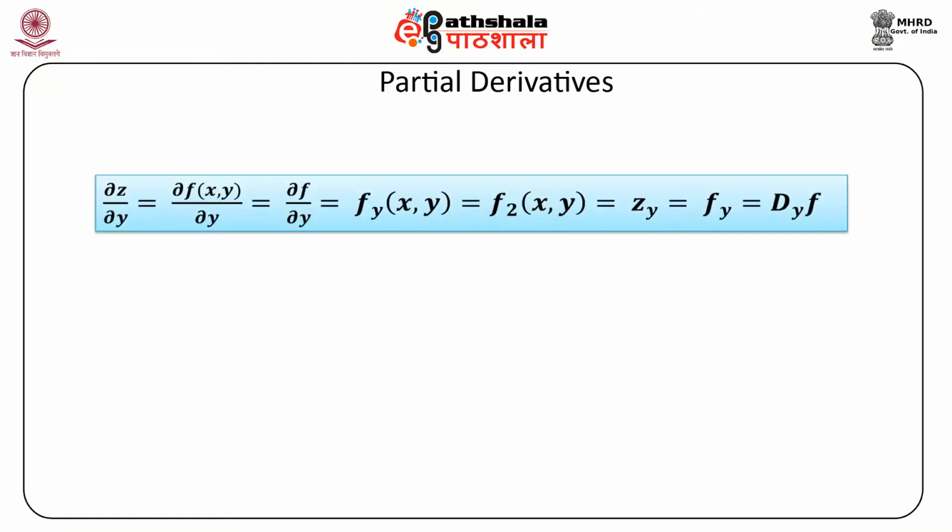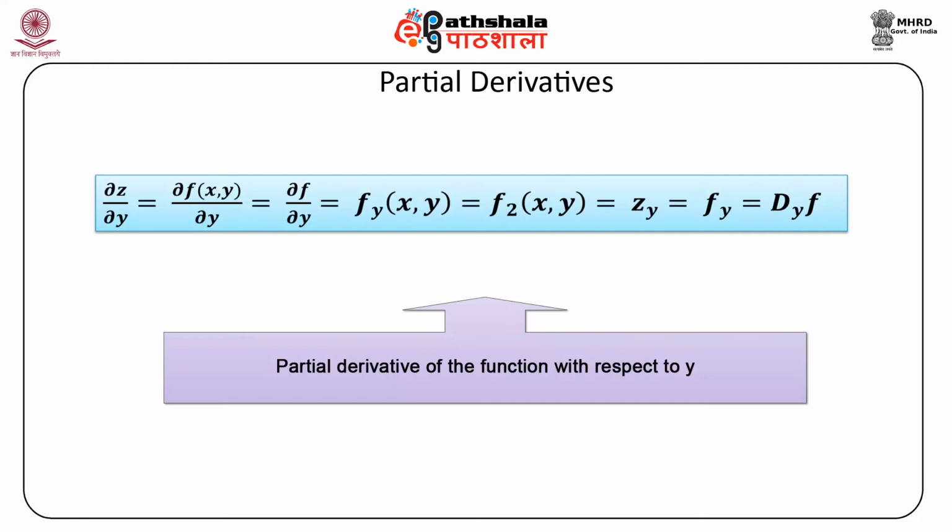And delta z by delta y is equal to delta f of x comma y upon delta y, equal to delta f upon delta y, equal to f y of x comma y, equal to f 2 of x comma y, equal to z y, equal to f y, equal to d y of f, represent the partial derivative of the function with respect to y.